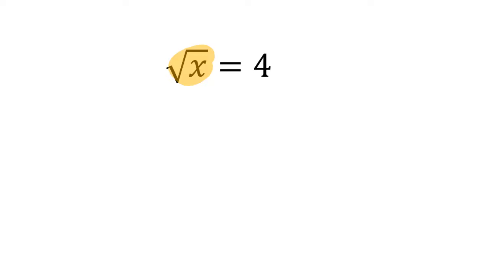So step 1 is already done. I don't have to isolate it. It's already by itself. So then our next step is to get rid of the square root. So undo the square root. How do we undo the square root? We would have to square both sides.